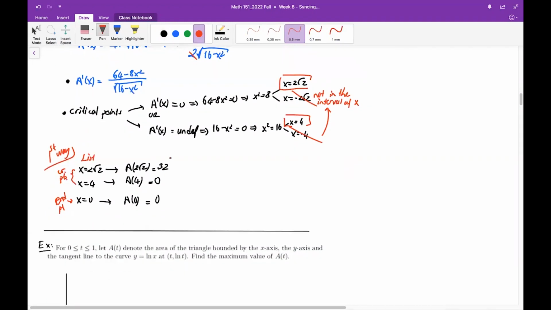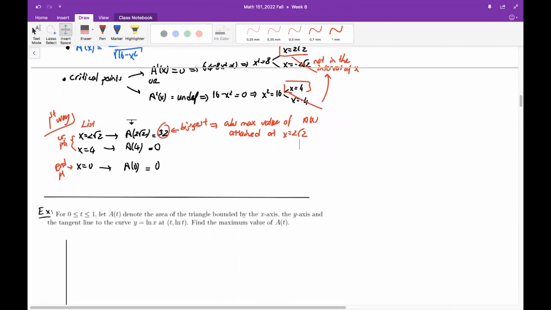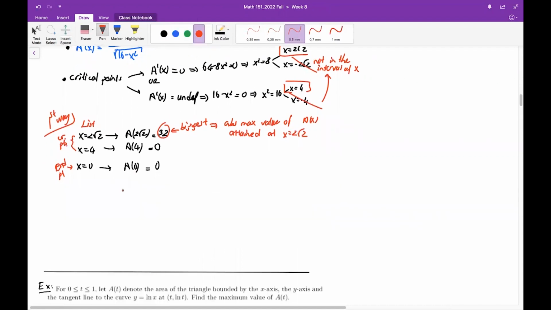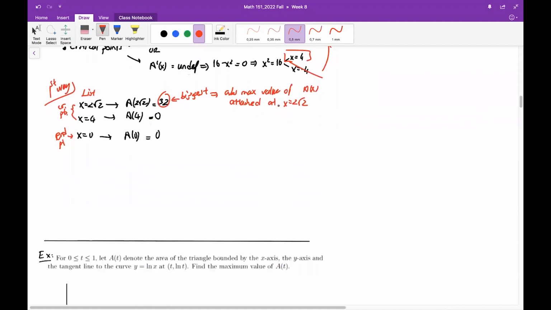So among this list, you see that this is the highest possible value, the biggest possible value. That's why it is the absolute maximum value of the area function, and it is attained at x equals 2 square root 2. Okay, this is the first way of proving that your function attains its absolute maximum value at x equals 2 square root 2, and the absolute maximum value is 32.